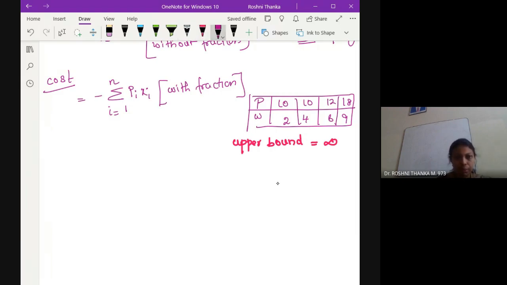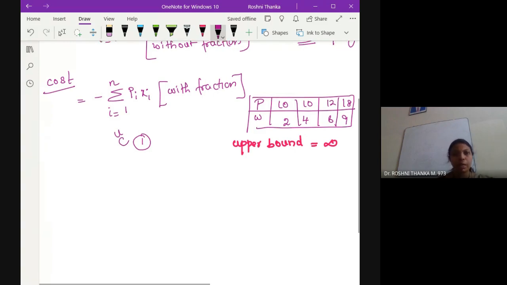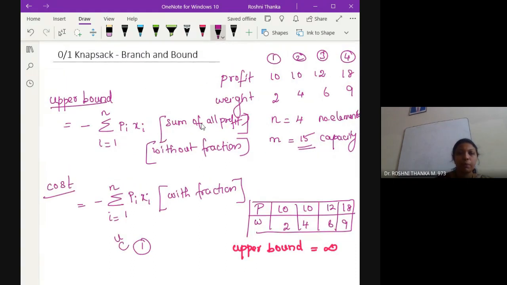First we are going to make the root node of the state space tree. For this root node, we have to find the upper bound value, and also we have to calculate the cost. We already know the formula to calculate the upper bound: the sum of all profit.